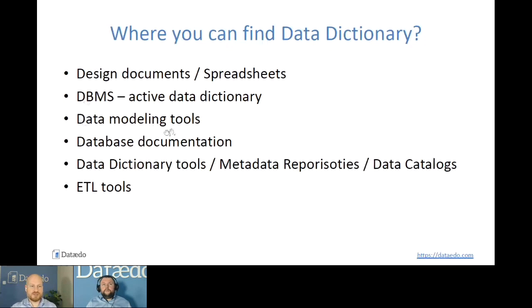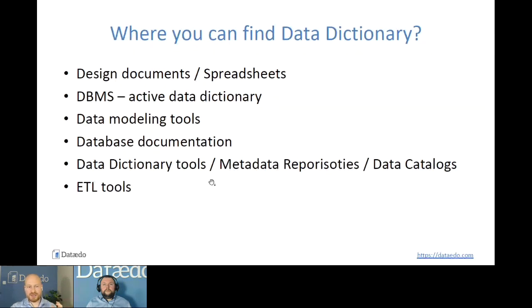You could also look at the modeling tools, right? So somebody used maybe a data modeling tool and they used some naming that could be different than a database that also could give you useful insights. You could look at the database as I showed you before. You could try to look for some kind of documentation that sometimes is delivered to the system in PDF or HTML or somewhere online on the vendor page.